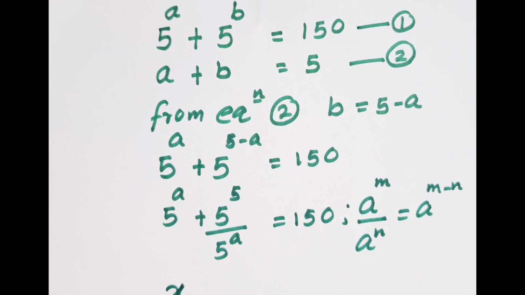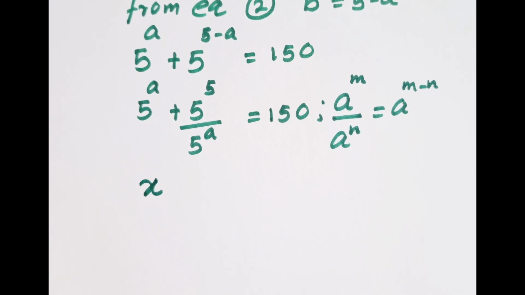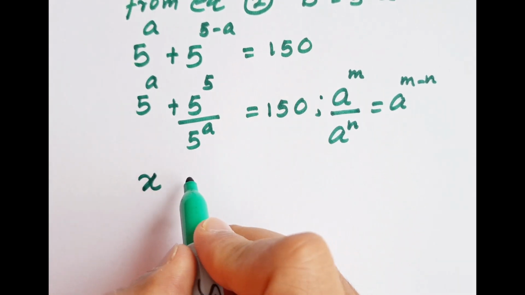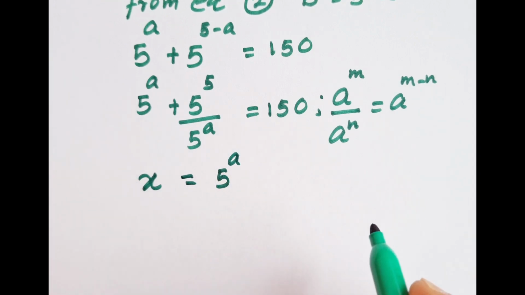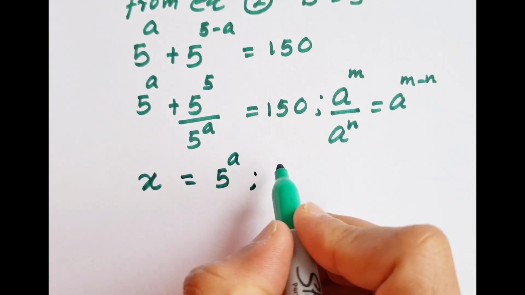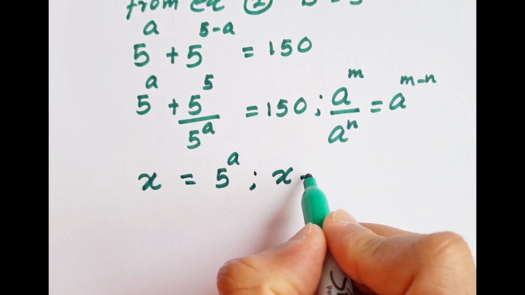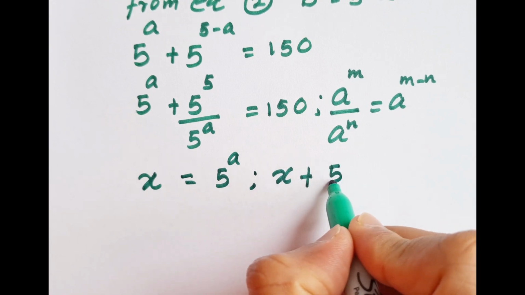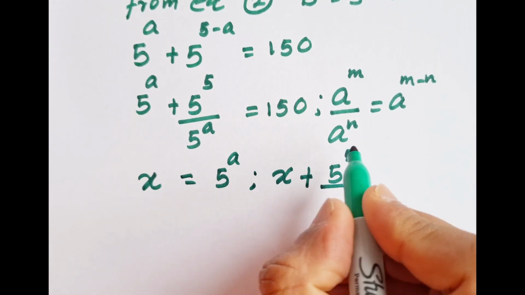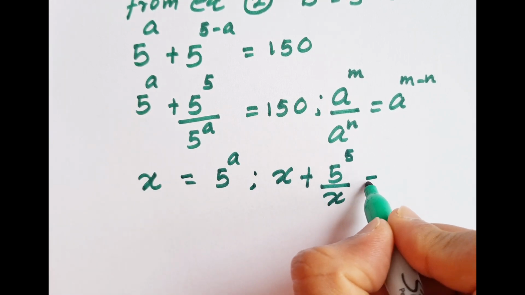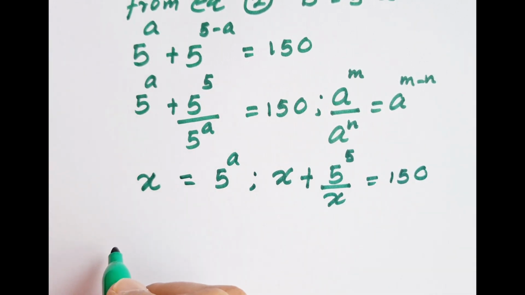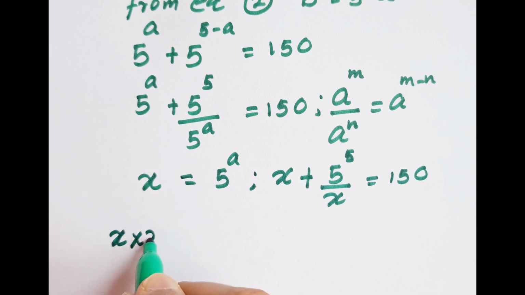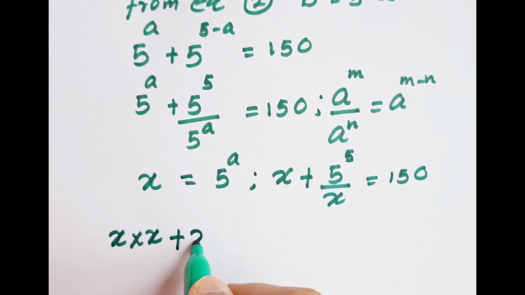Now I will take 5 to the power a equal to x. Then I can rewrite the equation as x plus 5 to the power 5 divided by x equals 150. Now I am going to multiply this equation by x on both sides.